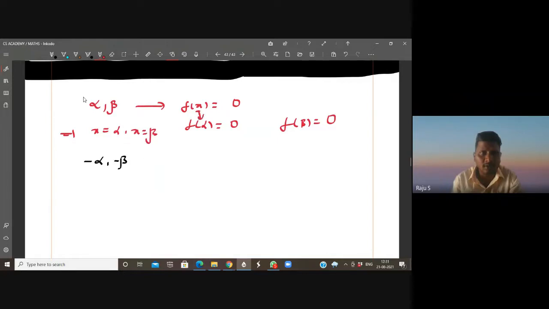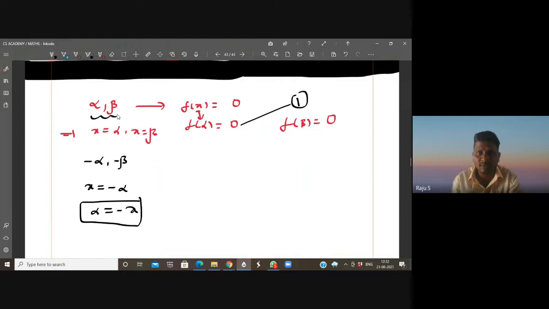So here minus alpha, minus beta are the roots means, shall I take x is equal to minus alpha? Got it? Then what is the alpha value? Minus x. This is the given condition, students. This is equation 1 because they have clearly given alpha, beta are the roots of f of x is equal to 0, then f of alpha is equal to 0, f of beta is equal to 0. This is the already given equation.